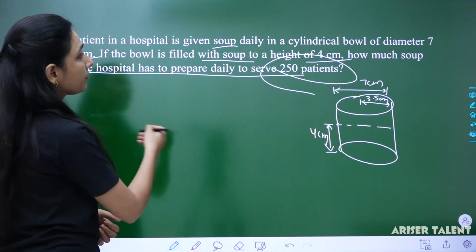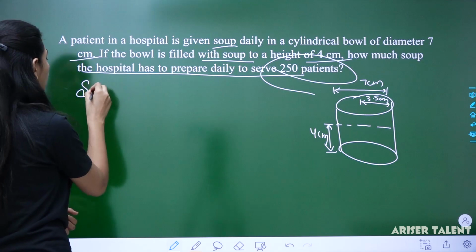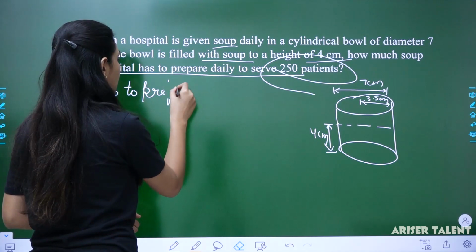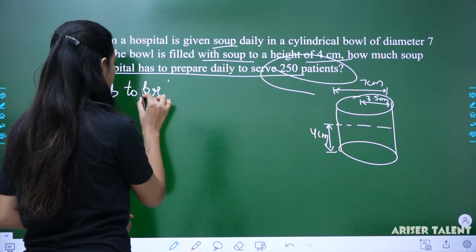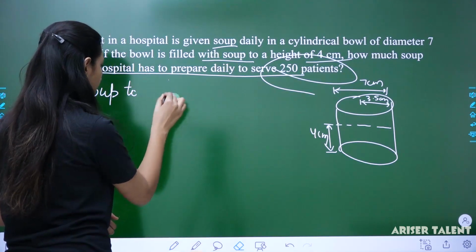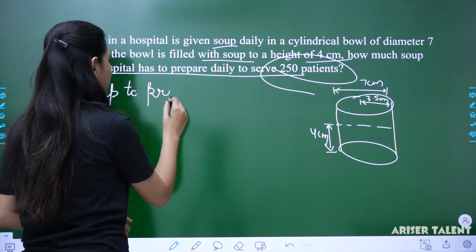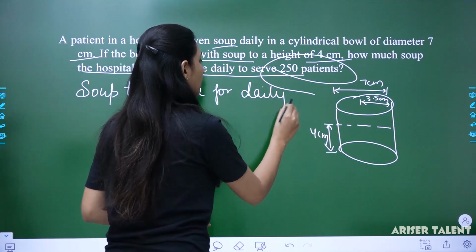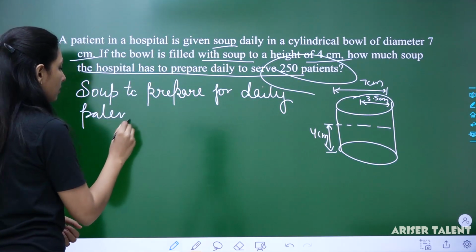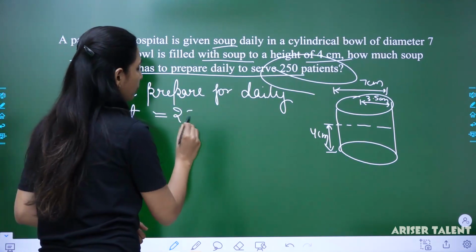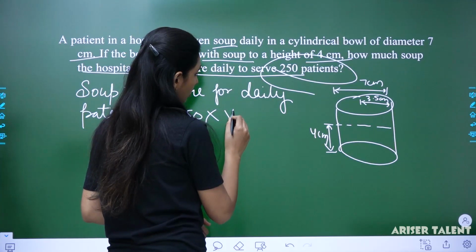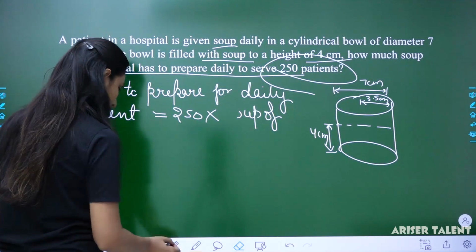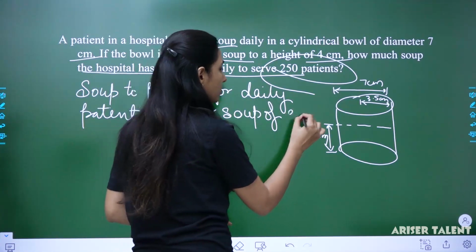So, first, soup to prepare daily for patients equals 250 multiplied by soup of each patient.